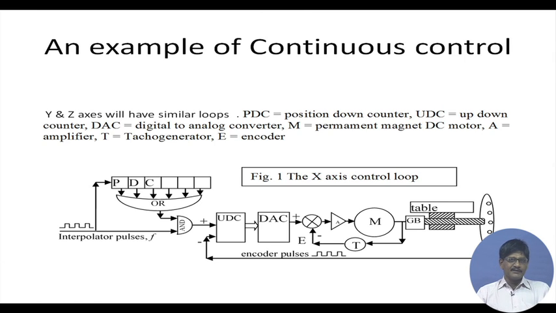So, if we look at it this way, how is it different from point to point control? Unlike the point to point control machine, the motor is now going to have a voltage which varies, and this varying voltage will produce different velocities of the motor, and corresponding to these different velocities the motor is going to carry out different rates of motion.